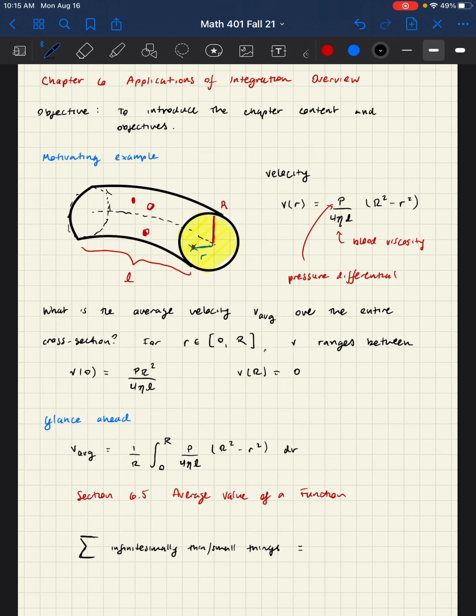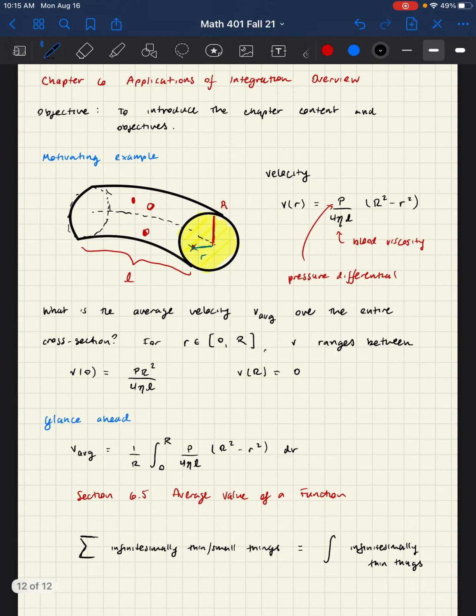We can convert this into an integral describing the infinitesimally thin things, and be able to describe things like area and volume and, yes, average value.